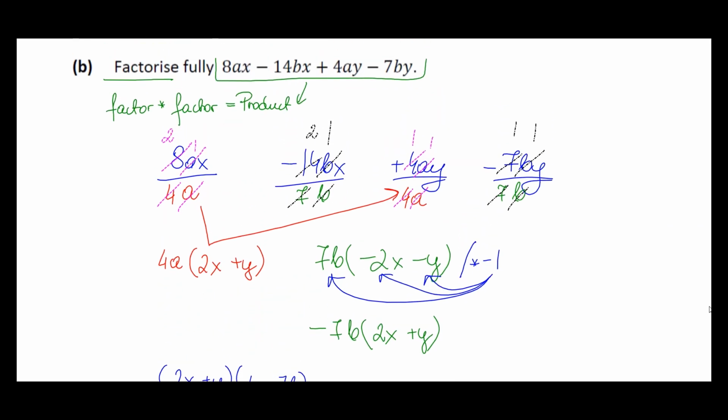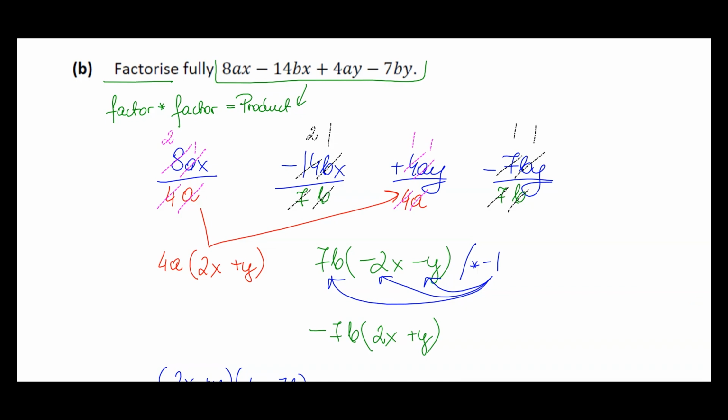Now, I know some of you, when you are looking at it, are saying we could have done it differently. Yes, of course, because 8ax, let me just quickly write them again to show you that you could do that differently. So you could say, I can divide this by x and this by x, isn't it? And then I can divide this by y and this by y.